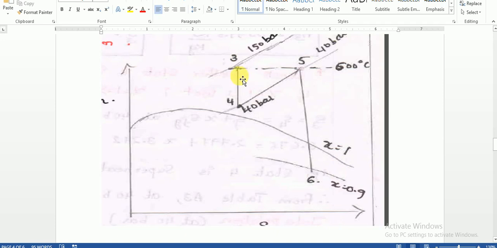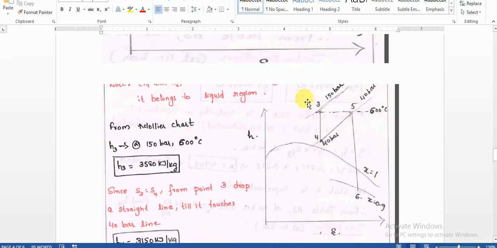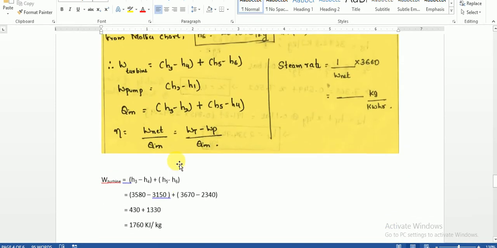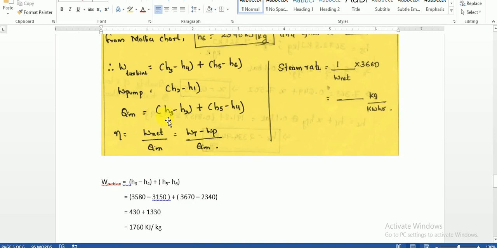Now we know H3, H4, H5, H6, so we can calculate the turbine work: H3 minus H4 plus H5 minus H6. Pump work we already know, and heat input is H3 minus H2 plus H5 minus H4.